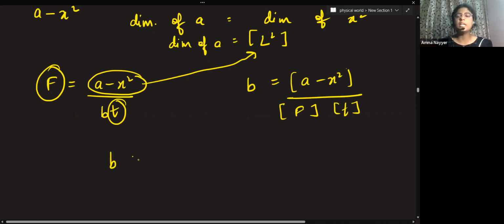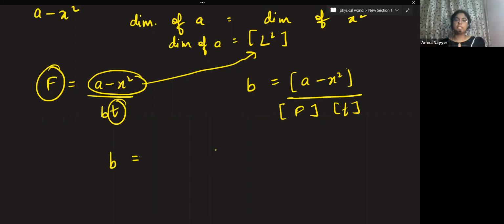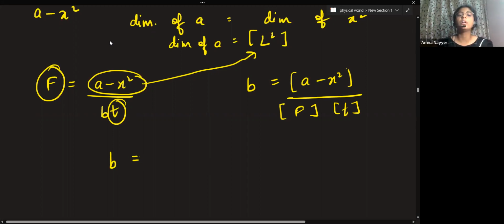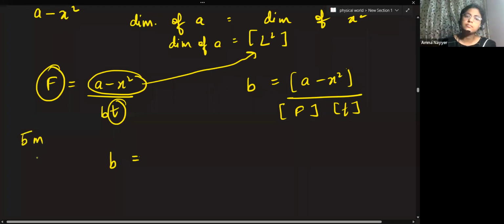So Aram, you tell me, what will I write in place of A minus x square? A minus L square? No, not A minus L square. See, that's what I want to tell you. If I say this is 5 meters, and x square is, let's say, 2 meters.